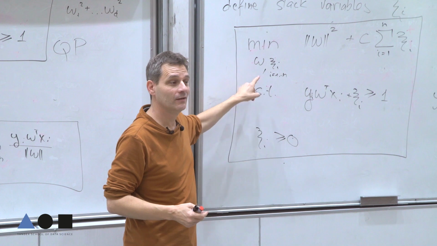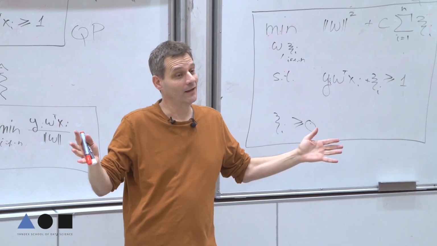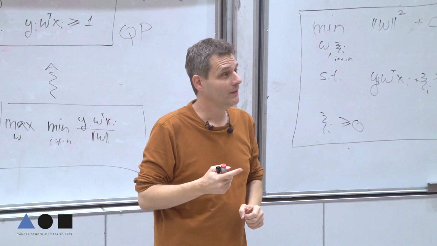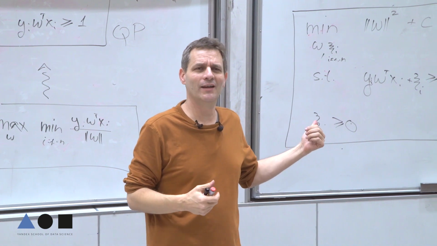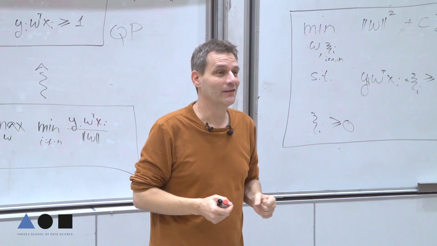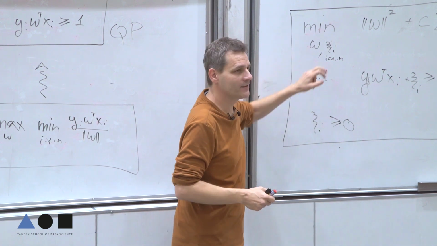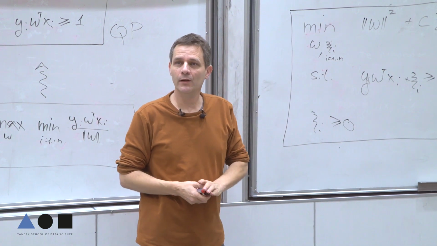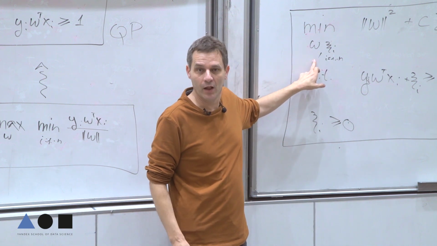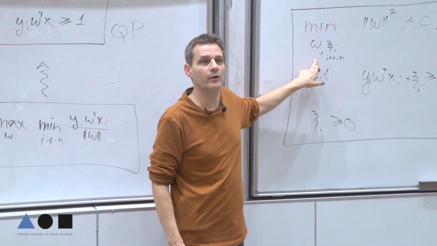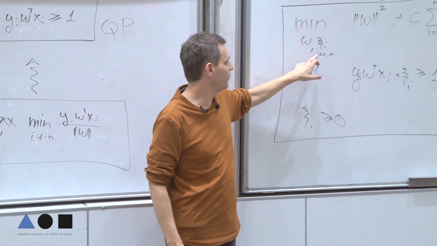How many w's? The dimension of the data, not the number of samples. So n is the number of samples, d is the dimension of the data. So it's n plus d. But notice, this might be optimization over a lot of variables, because now you have another variable per sample.